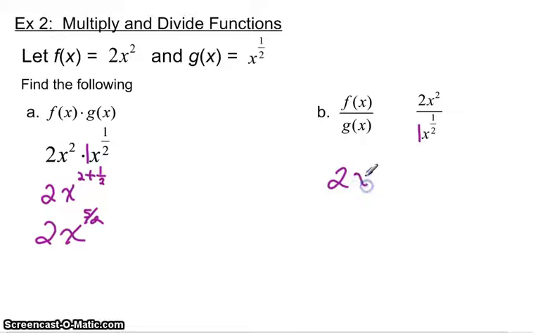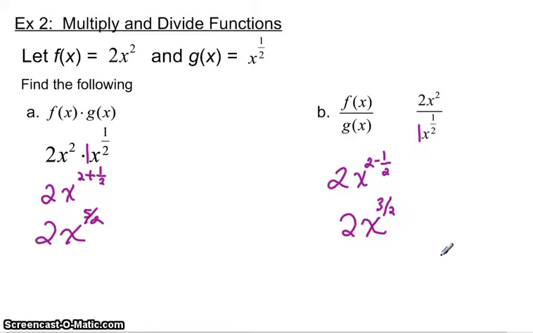So this is going to be 2 times x to the 2 minus 1/2. 2, which is the same as 4/2, minus 1/2 is 3/2, so I get 2 times x to the 3/2. I cannot simplify this fraction, so I'm going to go ahead and be finished here.